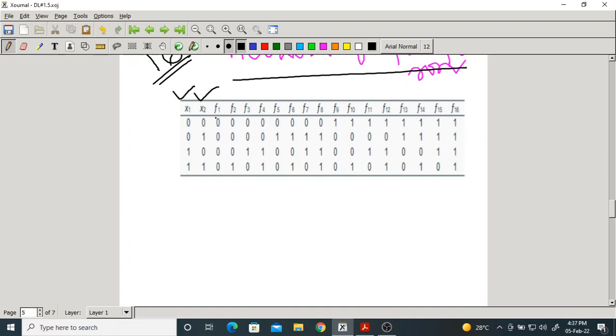This is the all-0 function: irrespective of input, output is always 0. The last one is all ones. The remaining are the AND gate, OR gate, NAND gate, NOR gate, XOR gate, XNOR gate, all those things. In total, 16 possibilities. You know this already.